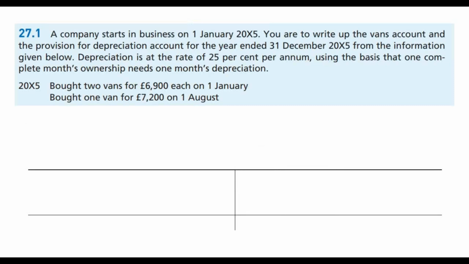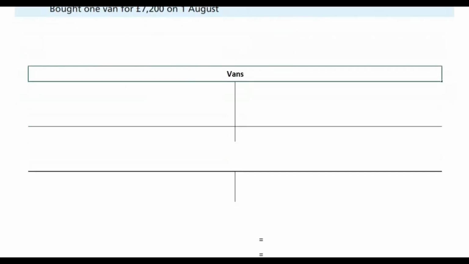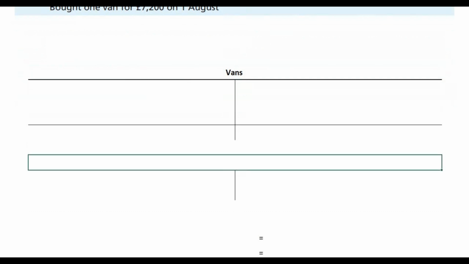According to the data provided, the company bought two vans on 1st January for £6,900 each, which means for two vans it is going to be £13,800. Vans are assets, so we will write down this entry in the debit side of the ledger. Let's first write down the headings. The first ledger account is vans and the other is provision for depreciation, vans.